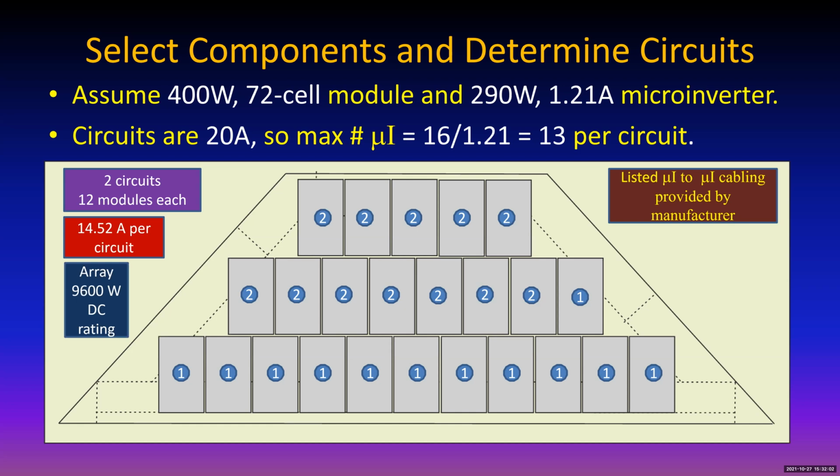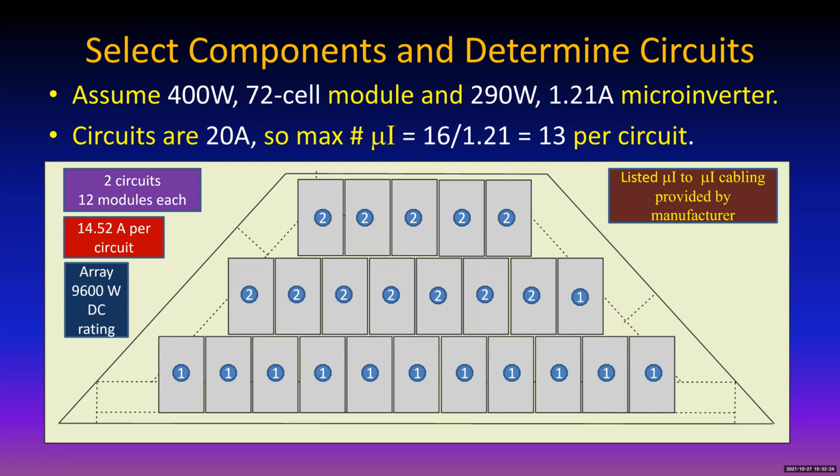And what counts on this is the annual kilowatt hour production. That's what we're designing for, the annual kilowatt hour production. And the more kilowatts we put up there, the more kilowatt hours we're going to make, even if we just use the same 290 watt inverter. All right.